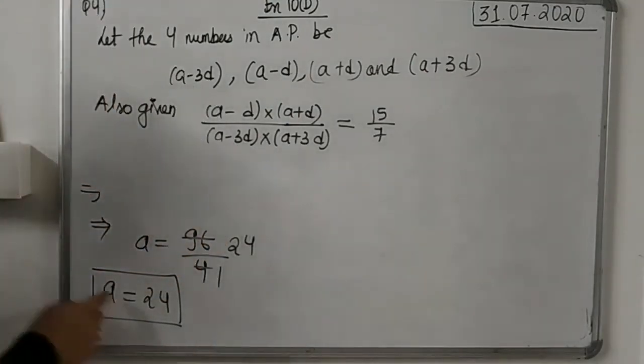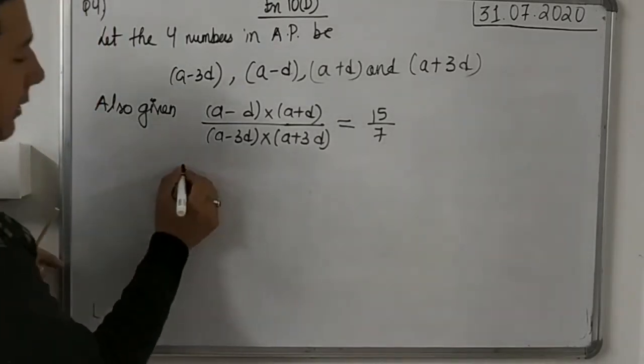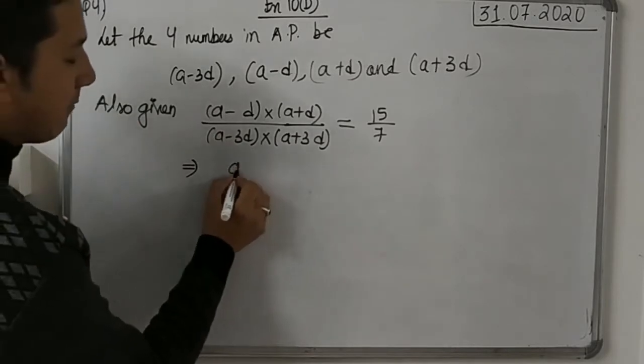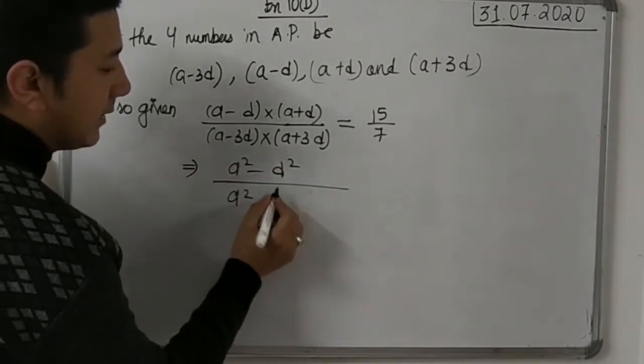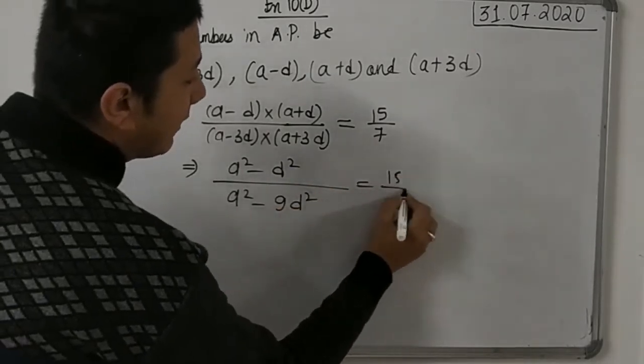Now remember the value for A is 24. We can clearly see it is in the formula (A plus D)(A minus D), that is A square minus D square. The denominator is A square minus 9D square, which equals 15/7.